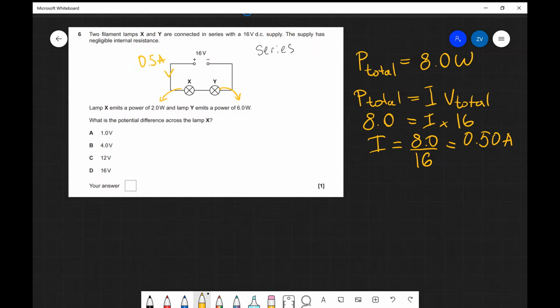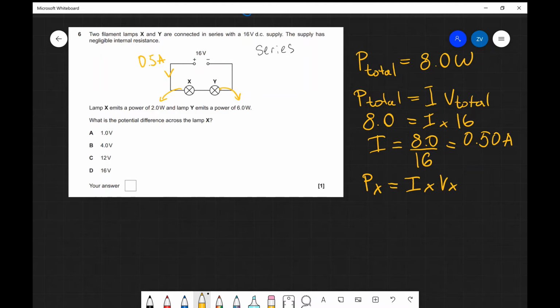We're looking for the potential difference across lamp X, so we can say that the power dissipated across lamp X is equal to the current in the circuit multiplied by the potential difference across it, Vx. We know the power and we know I, so we are in business.